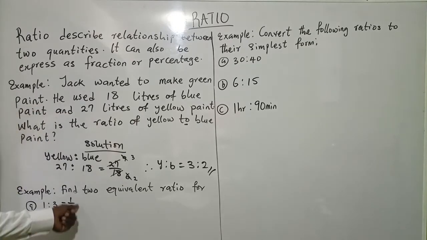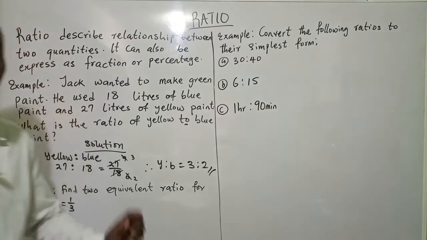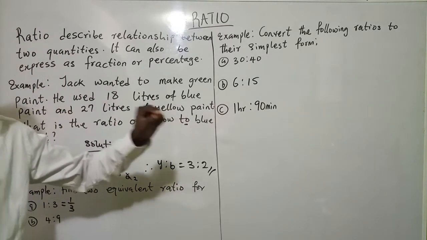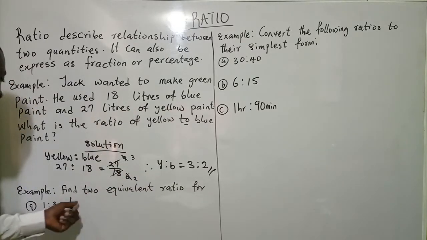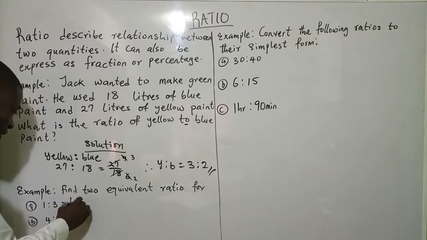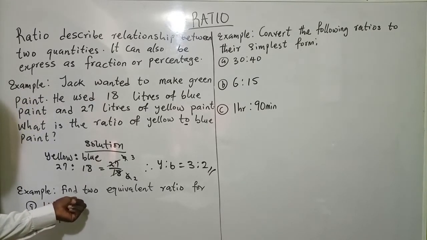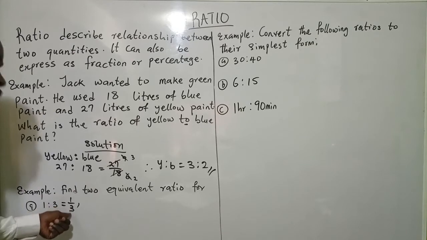And so how will I get the equivalence of 1 over 3? All I need to do is multiply them. Whatever I use to multiply the numerator, I use to multiply the denominator. Like for instance, this one here. The first one already is 1 times 1 is 1, 3 times 1 is 3.